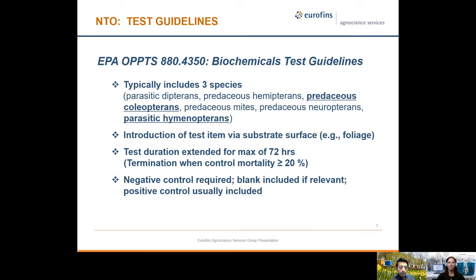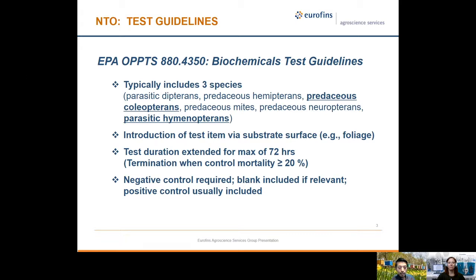And for this type of test, you typically include 3 species in any of the listed categories here. But the 3 most common categories are the predaceous coleopterans, or the predaceous beetles, the predaceous neuropterans, or the predaceous lacewings, or the parasitic hymenopterans, or the parasitic wasps.